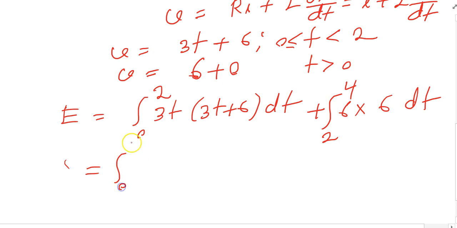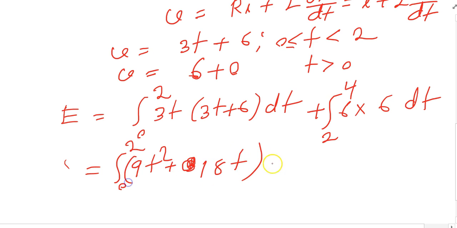So from 0 to 2, 9t square plus 18t dt plus 36 into 4 minus 2.